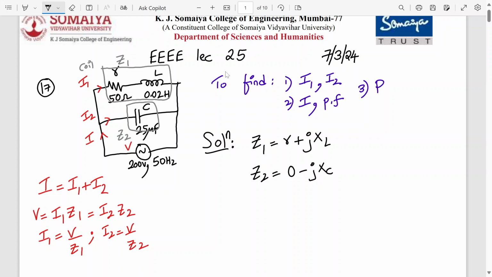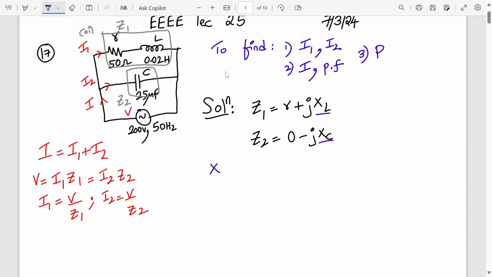So we need to find the values of XL and XC for these two equations to be written. Let's find the value of XL. XL will be 2 pi f into L. F is 50, so that will be 100 pi into 0.02. I guess we have calculated this in the class. It was 6.28 ohms.